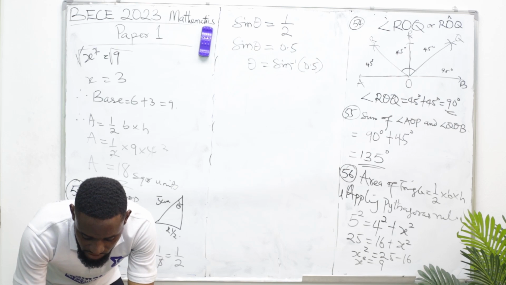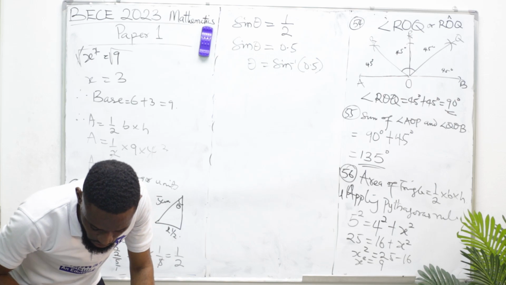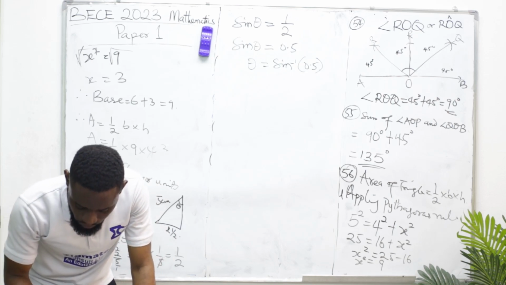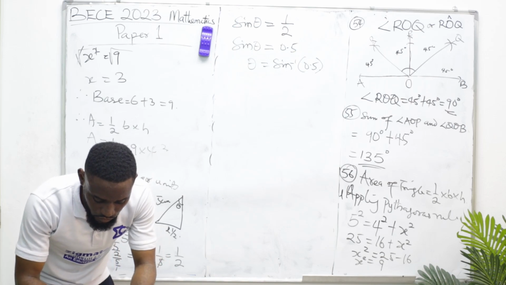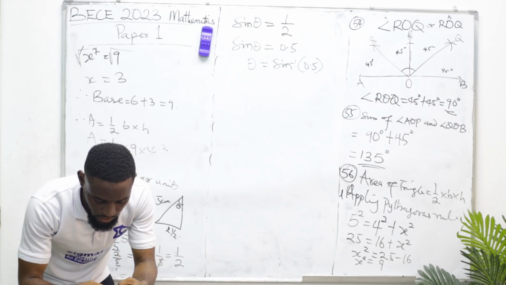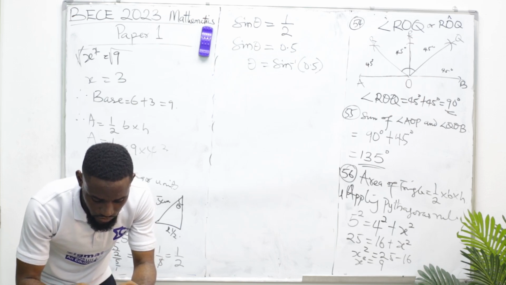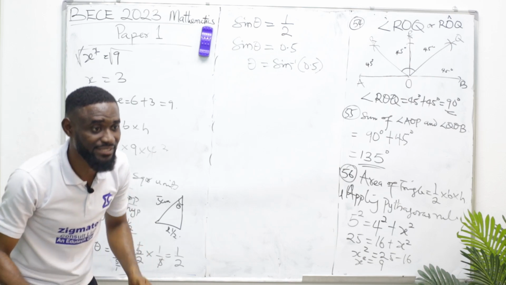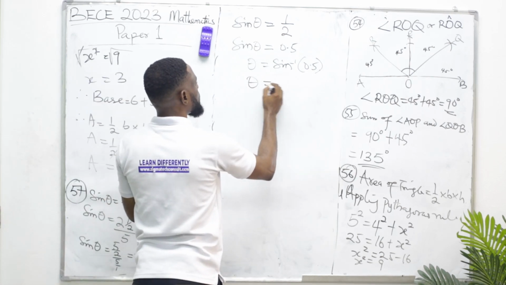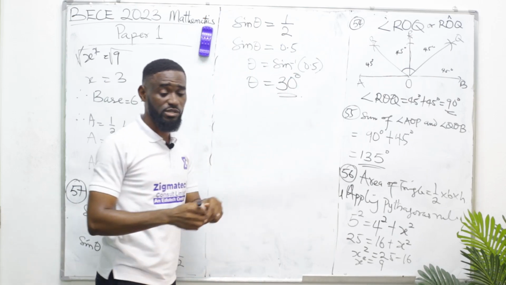Let's look at sine inverse of 0.5. Second function, sine inverse, 0.5. So we're having 30 degrees. Once you punch that in your calculator, it gives us 30 degrees. So that is what the sine inverse is.